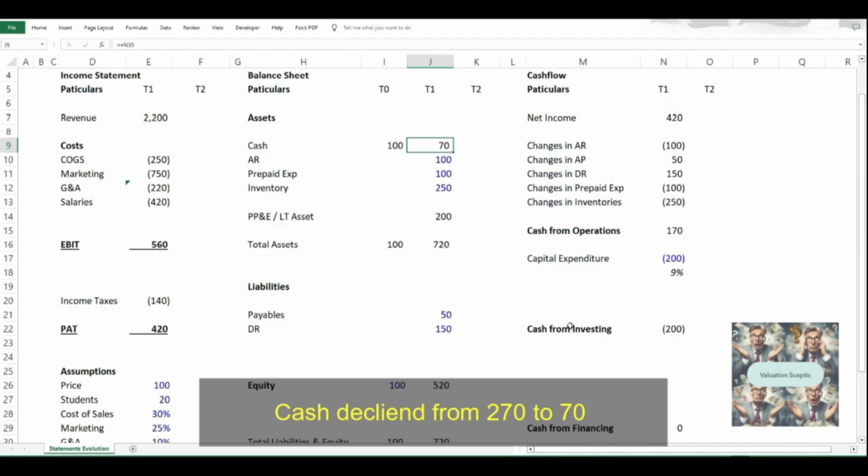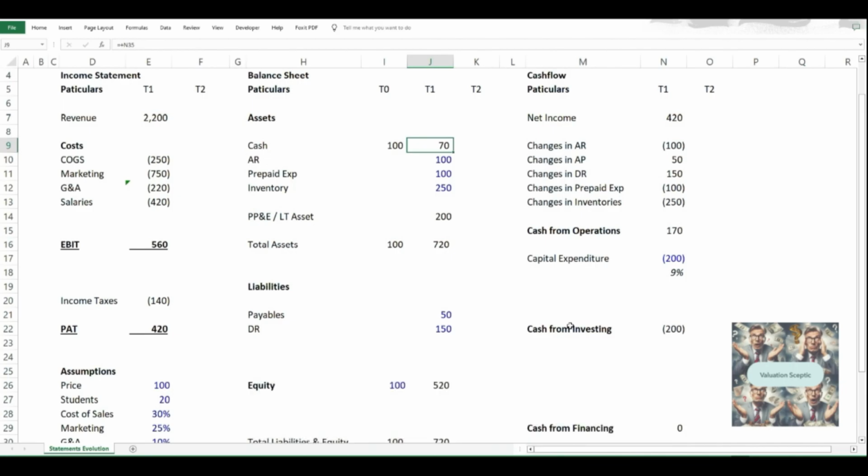In income statement, capital expenditures do not immediately impact the numbers. Instead, the cost of asset is depreciated over its useful life. That results into depreciation expense on the statement. Currently in T1, there will be no impact of capital expenditure or depreciation in income statement as we have just bought this equipment, and as time passes by, that is in T2, there will be depreciation impact on our income statement.